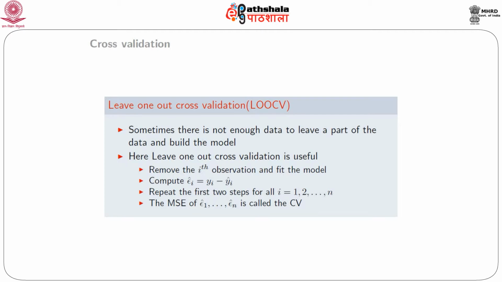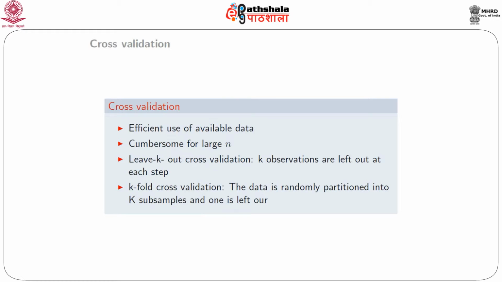Note that this has a striking resemblance with the jackknife procedure, where the statistic is computed leaving one observation out, and then that is repeated for all the observations. This is an efficient use of the available data, because we are using the entire data set barring one observation at each step. But if n is large, then this can be time consuming to implement.